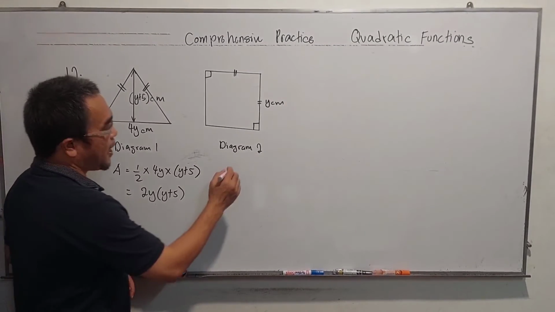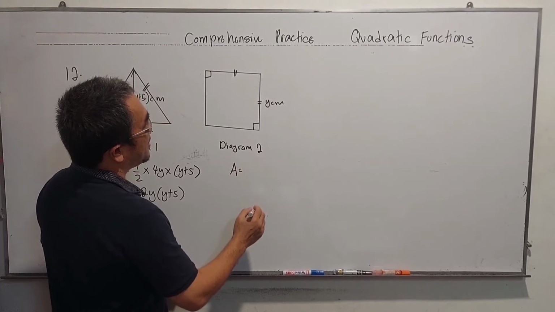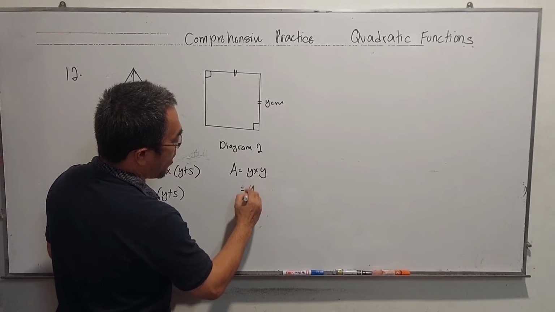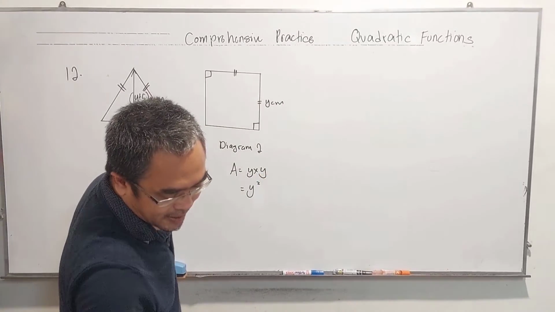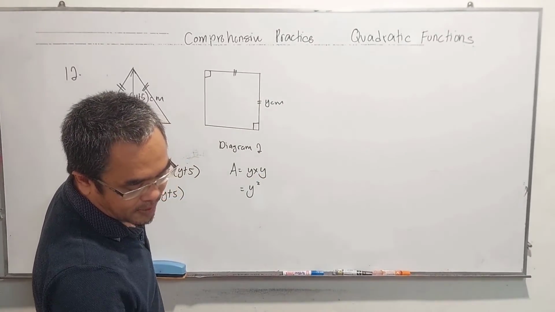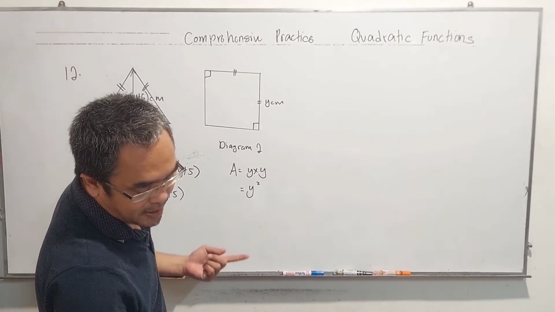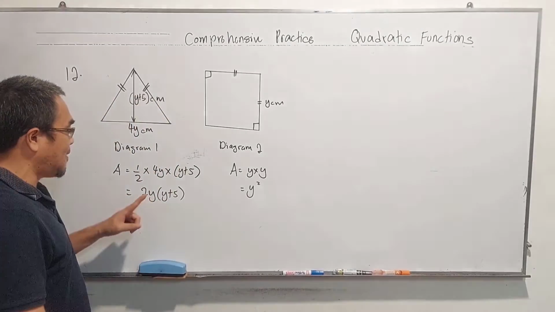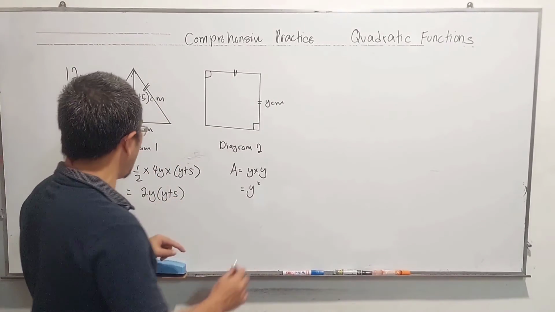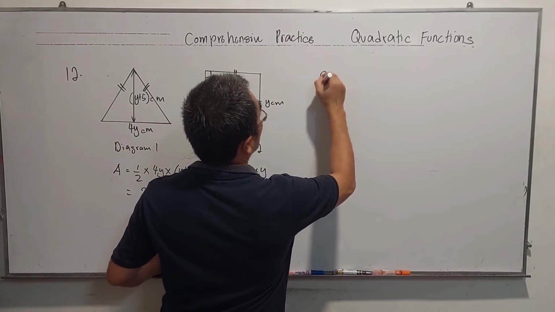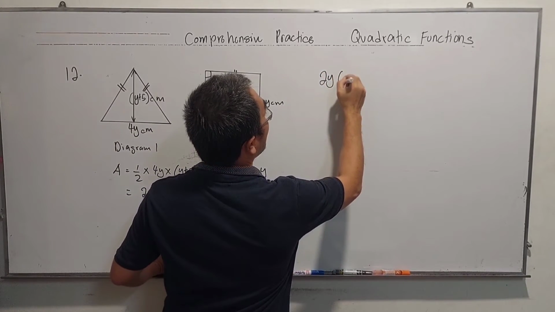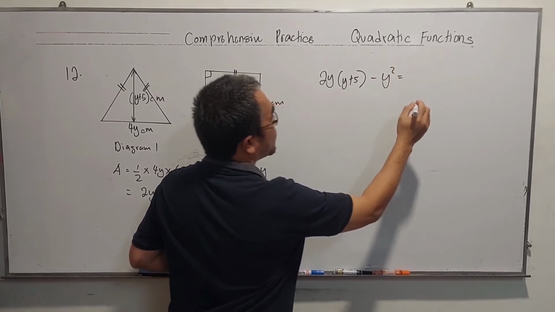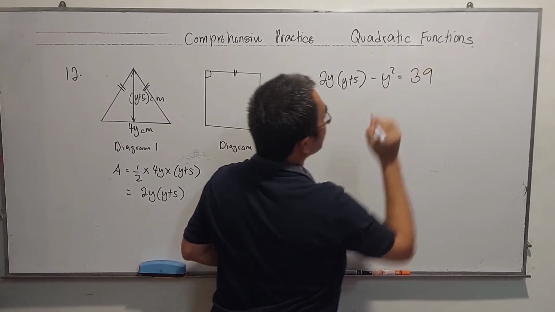And the area of the square will be y times y, which is y squared. Given that the area of the triangle is more than the area of the square by 39, we subtract: area of triangle minus area of square, that is 2y times y plus 5 minus y squared equals 39.